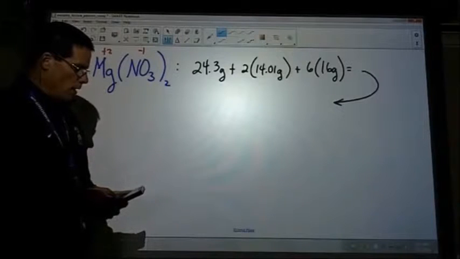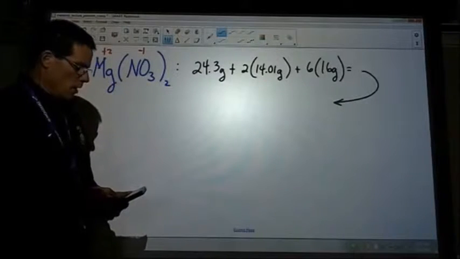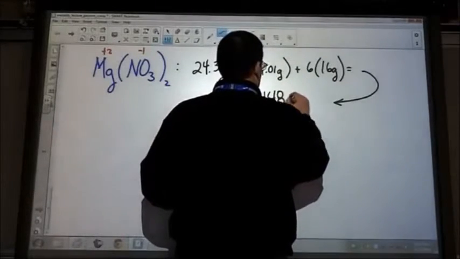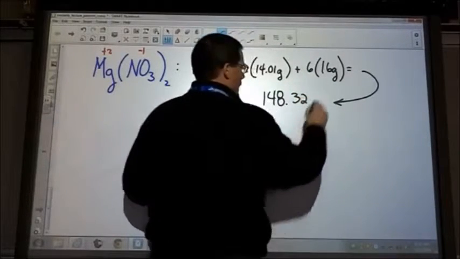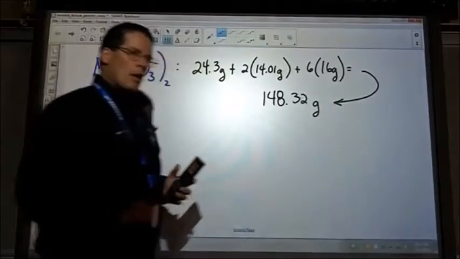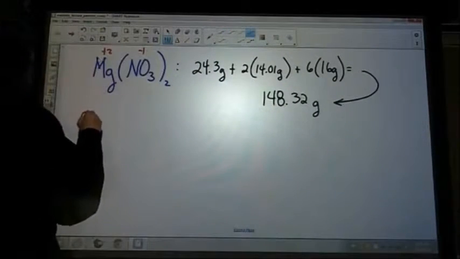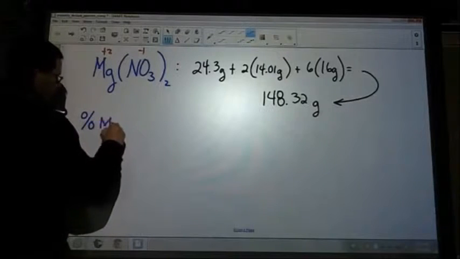Yeah, 148. So our molar mass is 148.32 grams.